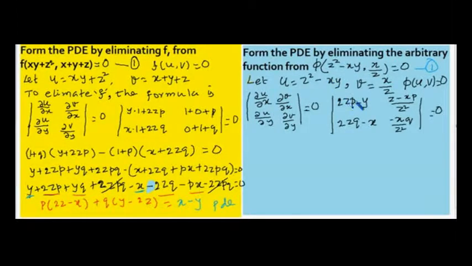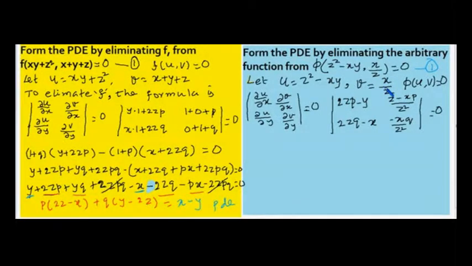Similarly, when you differentiate v with respect to y, the numerator x is taken as a constant, and 1 by z has come. So first differentiate 1 by z, it is minus of 1 by z squared, and differentiate z once again with respect to y, it is q, which is equal to 0.